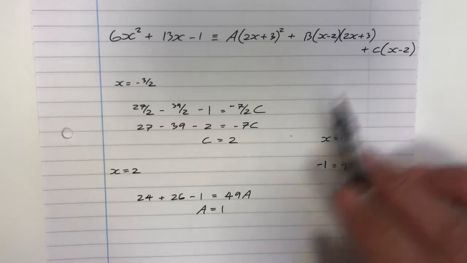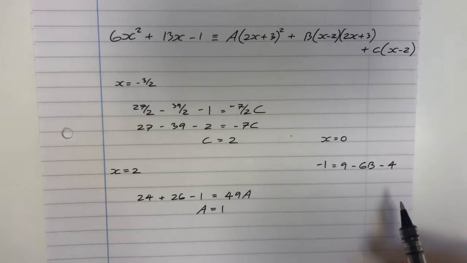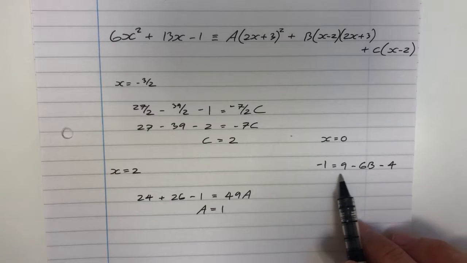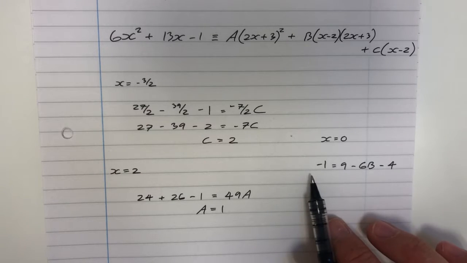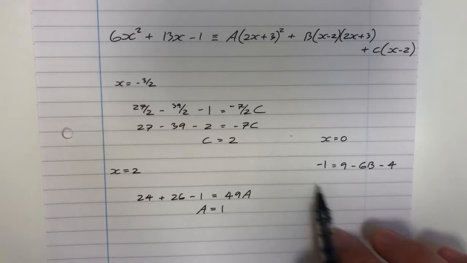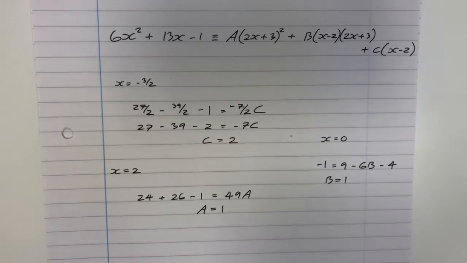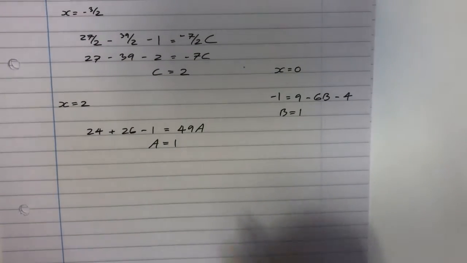Minus 2c, but I know that c is 2, so it's minus 4. Minus 1 minus 9 is minus 10, plus 4 is minus 6, divided by minus 6, I get that b is 1. And that gives me my three values, a, b and c, and then I can conclude.